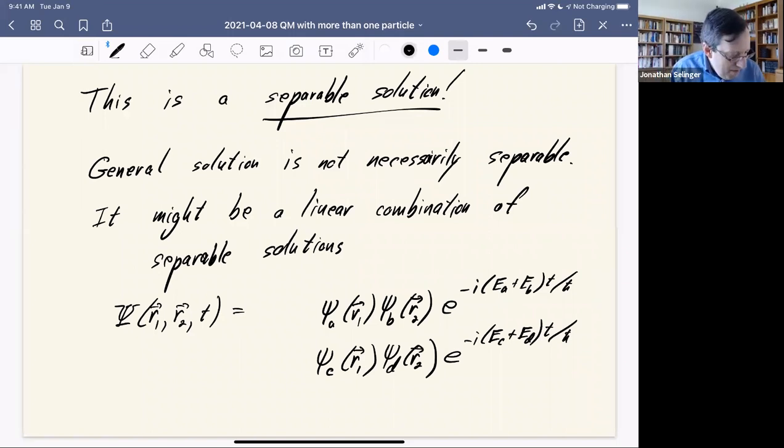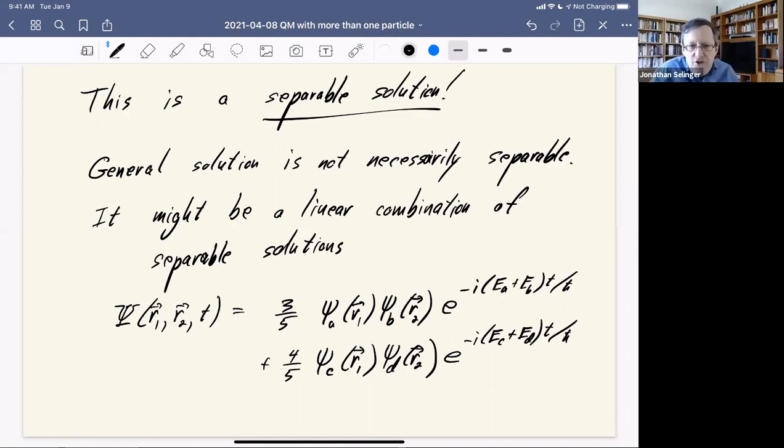So we might have, say, a 3/5 coefficient times the first thing plus a 4/5 coefficient times the second thing, right? That would be normalized, because 3/5 squared plus 4/5 squared equals 1. Okay? So this would be an example of a solution which is not a separable solution.